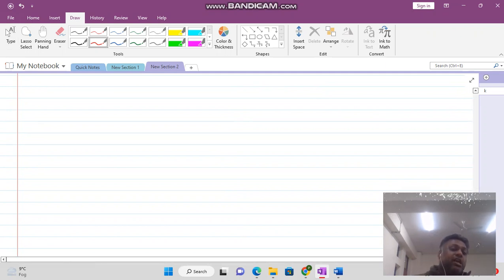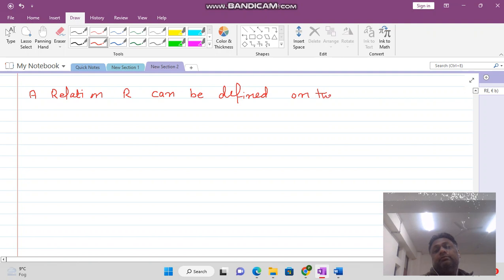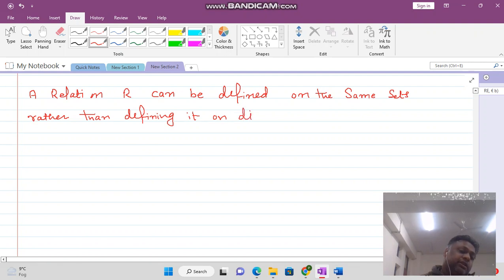Sometimes we can define a relation from set A to set A instead of defining a relation from set A to set B. So a relation R can be defined on the same set rather than defining it on different sets.